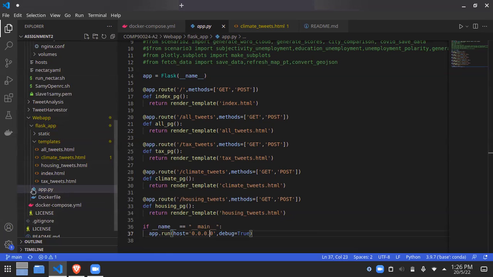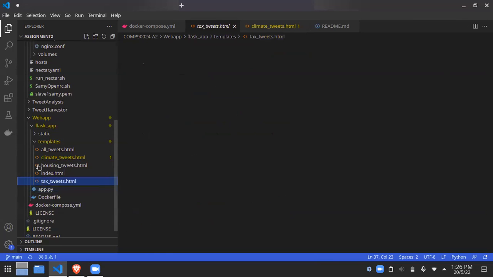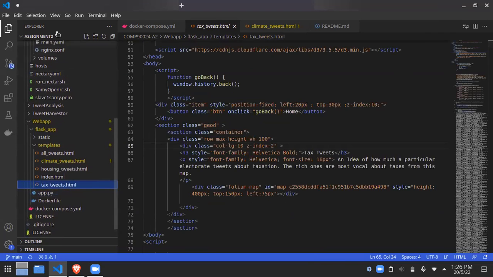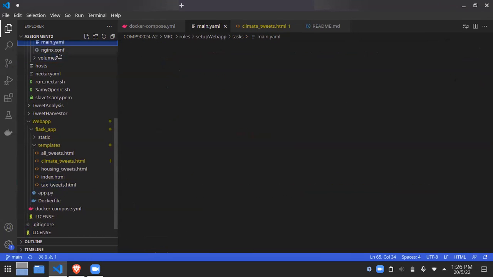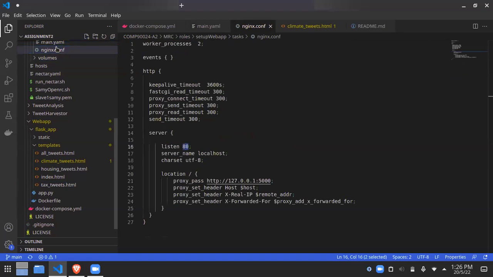Yeah, let's take a look at this file. Oh, oops, sorry. Yeah, so this is the nginx config file that we had copied onto the server and replaced the one that was created by default.